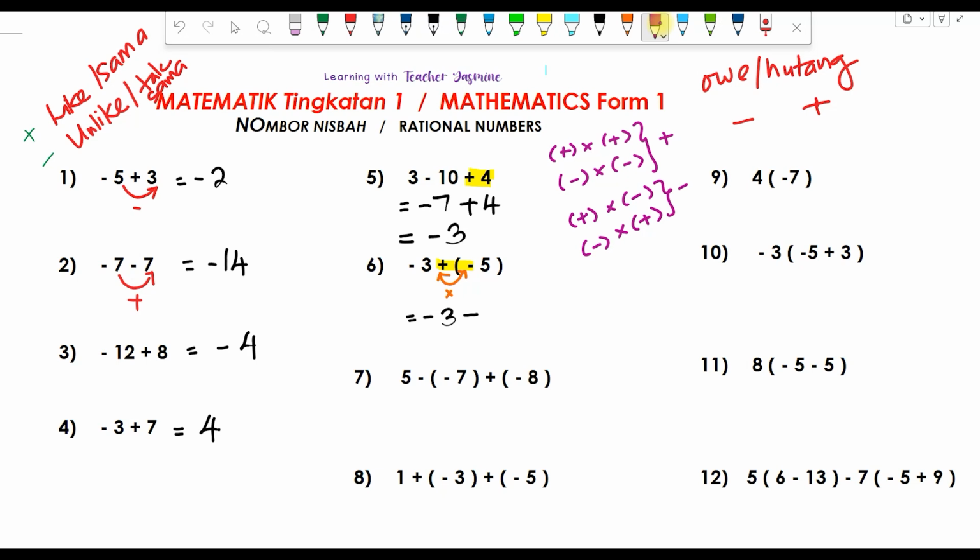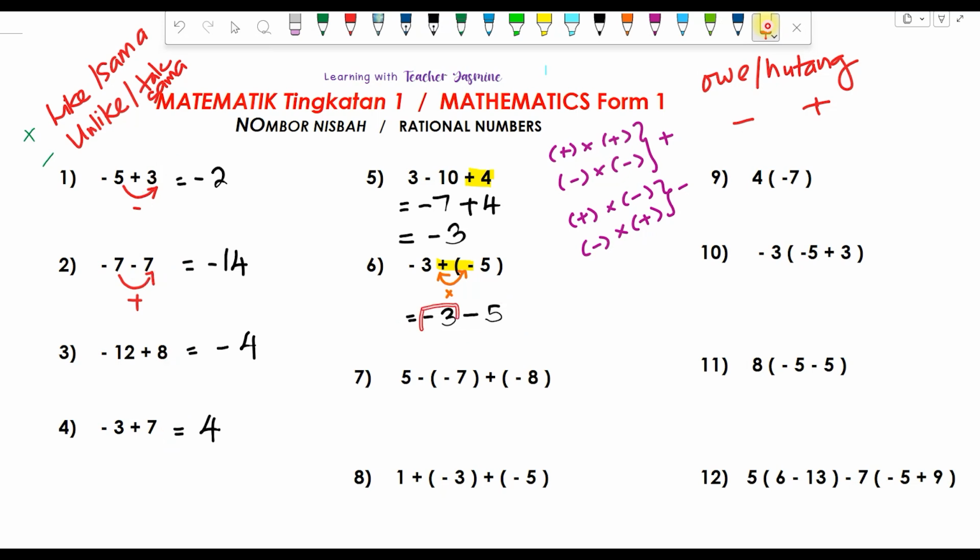So right now you can see this one is unlike symbols kan, tak sama. So positif darab negatif mesti dapat negatif. So 5 ni nak buat apa? Turunkan. Okay, the 5 rewrite. So now you can see that this question is similar to question 1, 2, 3, 4, right? It's the same. So you do the same thing back again.